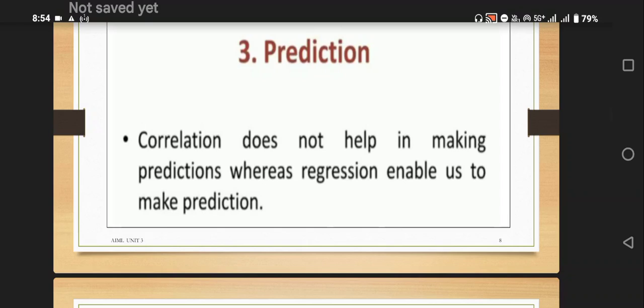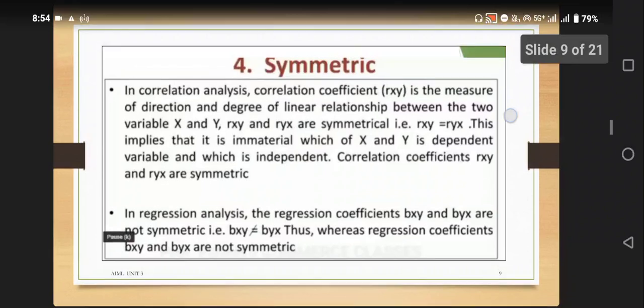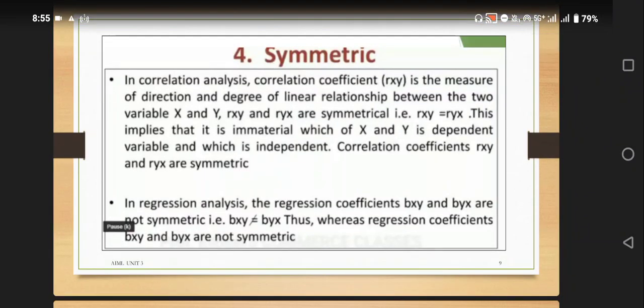Then third one, prediction. Correlation does not help in making predictions. But regression is able to make prediction. Then the fourth category is symmetric. In correlation analysis, correlation coefficient is the measure of direction and degree of linear relationship between the two variables x and y.